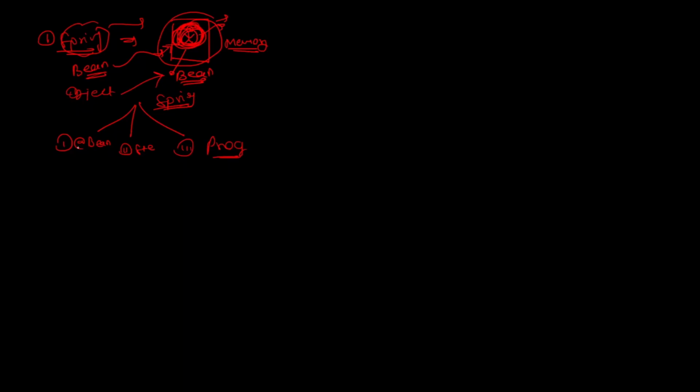In the bean method we can add the object instance to the Spring context in 3 steps. First we define the project configuration class. In the second step we create a method that returns the instance that we want to add to the Spring context, and third we add this project configuration file to our Spring context.